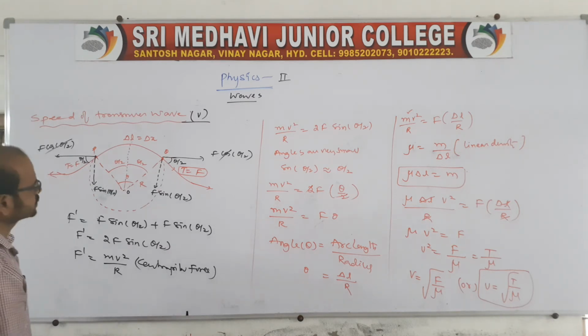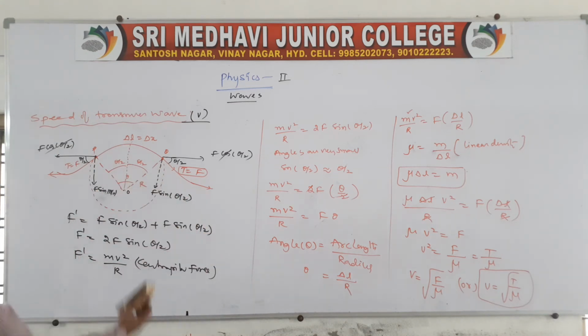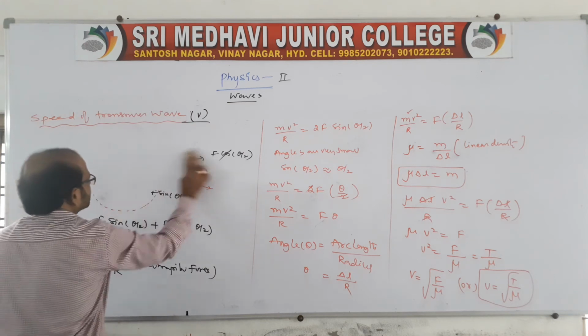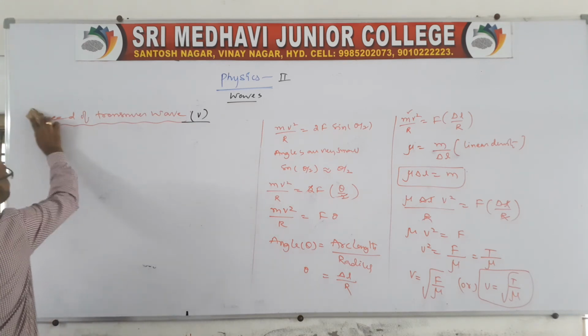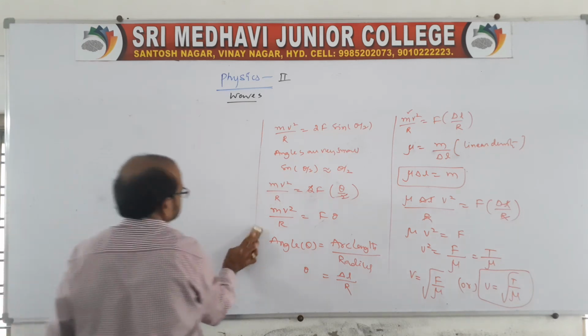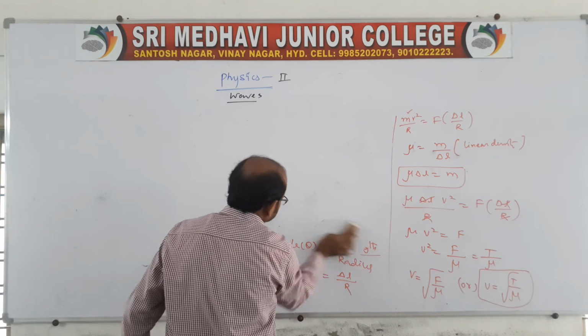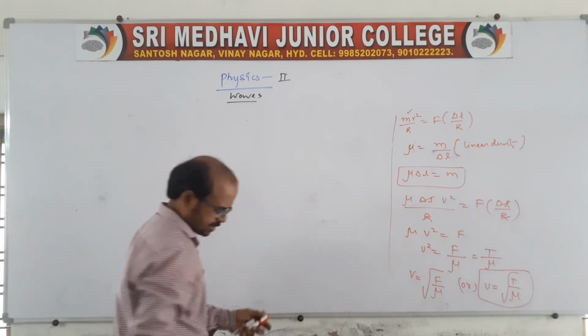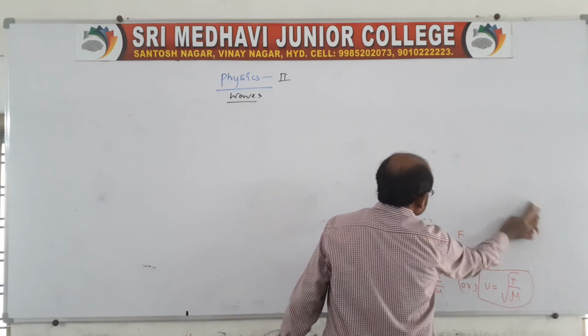Okay, so this is the diagram and the derivation will be like this. On this basis, let me give you a small application. Take this final expression either in terms of f or in terms of t, no problem.